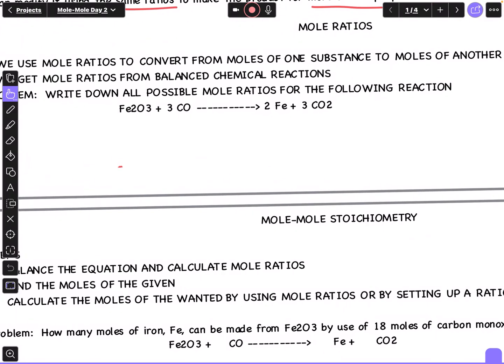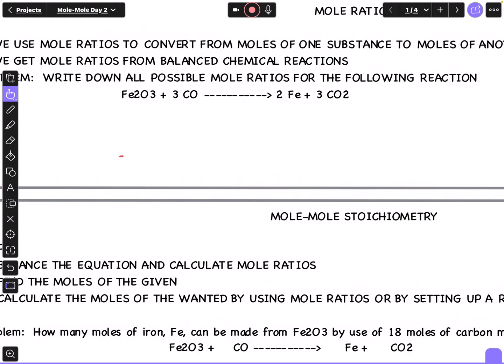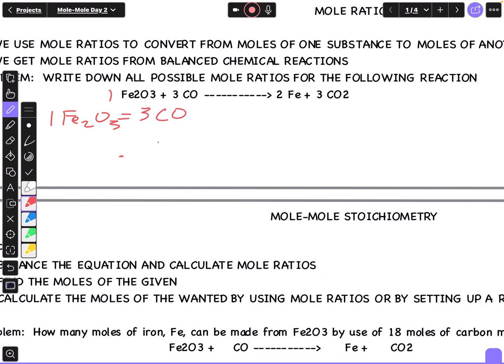So what it means by mole ratios is how does each thing compare to the other according to my balanced equation. Well, in this case, that would be a 1 there since there's not a coefficient. Every time 1 mole of Fe2O3 reacts, 3 moles of CO react with it.